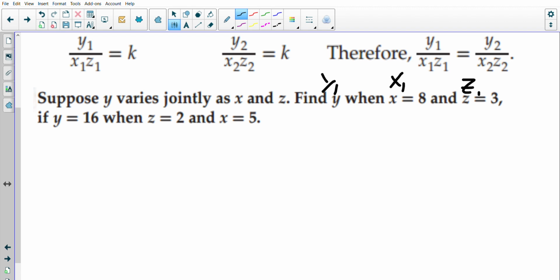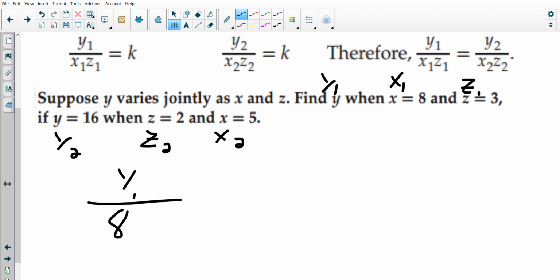That makes this y sub 2, z sub 2, and x sub 2. So we're just going to set everything up just the way it is. So we have y sub 1 over x sub 1, z sub 1, so 8 times 3, is equal to y sub 2, 16, over z sub 2, 2 times x sub 2, 5.